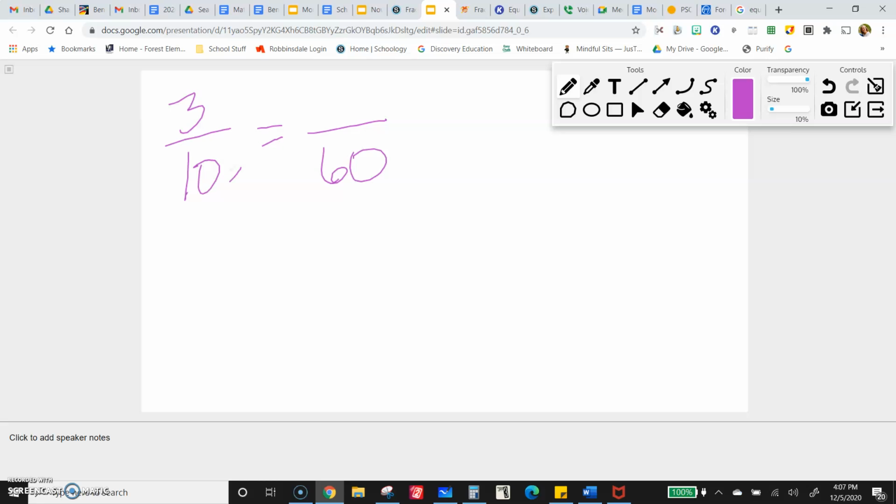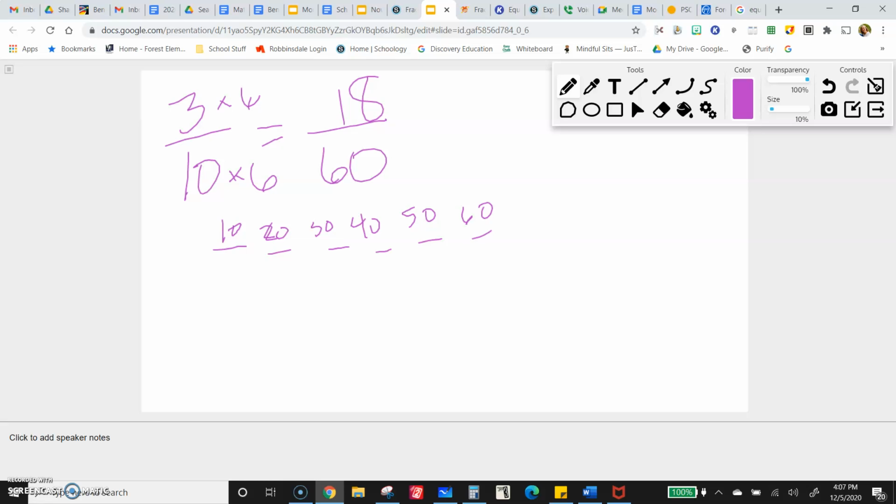So I need to say, what did I multiply by? Well, 10, 20, 30, 40. I'm just writing the multiples out. 60. Okay, 1, 2, 3, 4, 5, 6. I multiplied by 6. So I multiply the top by 6. So I know that 18/60ths is equivalent to 3/10.